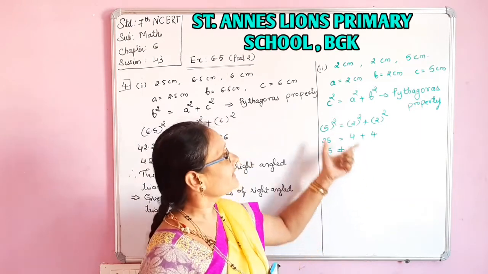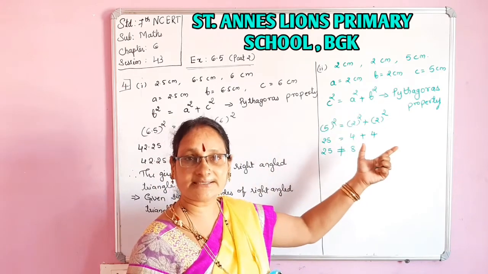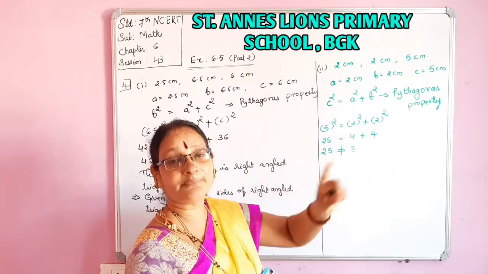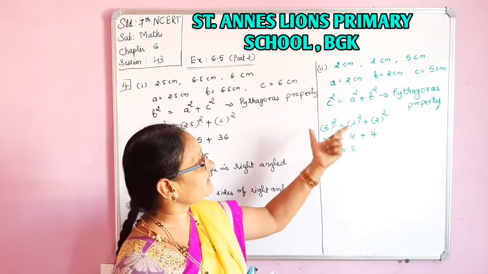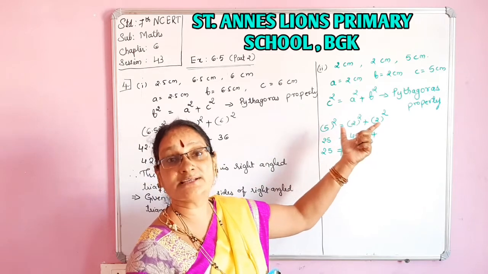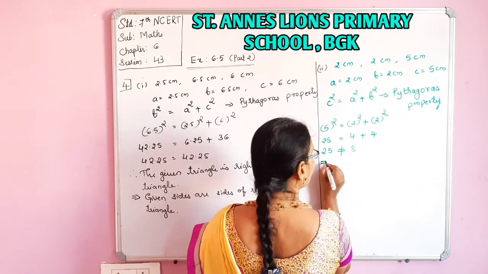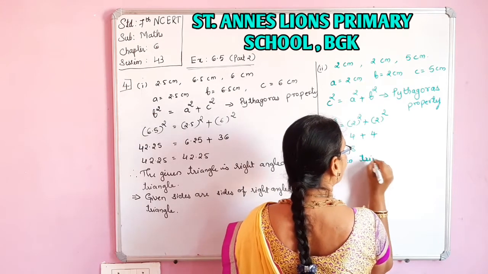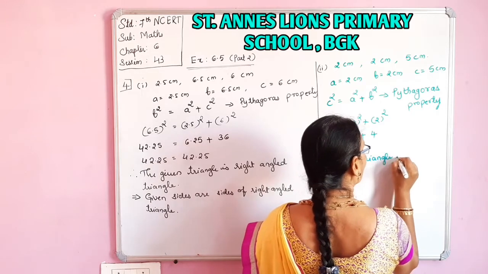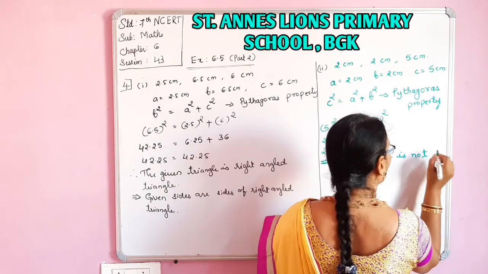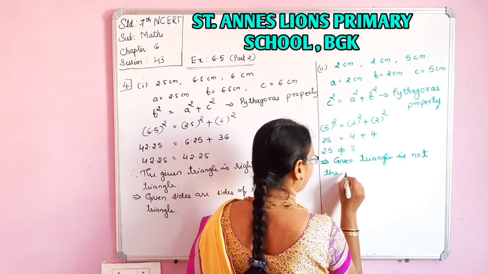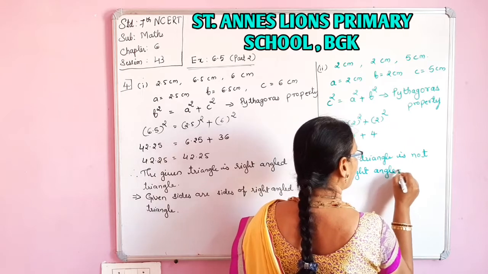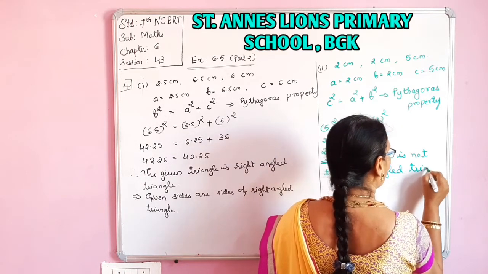It means that the given sides are not the sides of a right angled triangle. That means the given triangle is not a right angled triangle, because the condition of the Pythagoras property is not satisfied. So this implies that the given triangle is not a right angled triangle.